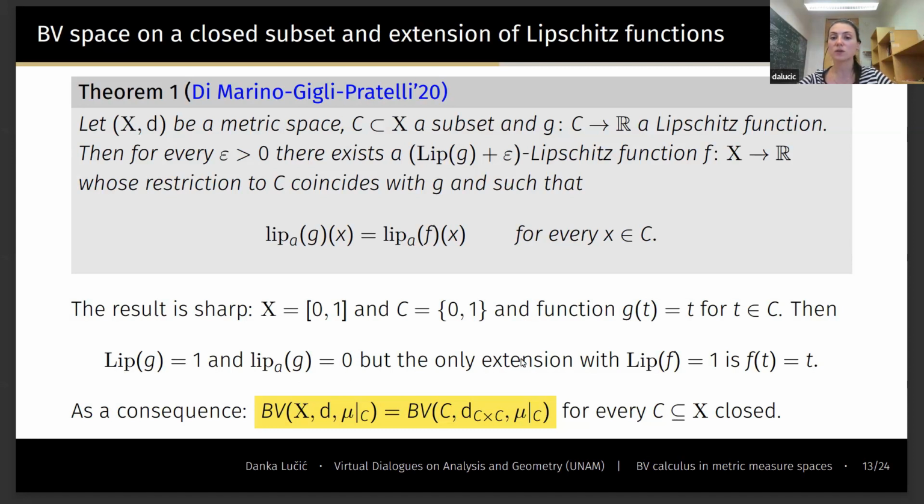But if you would like to extend this function preserving the global Lipschitz constant, the only possible extension is f(t) = t, which has asymptotic Lipschitz constant equal to 1. So we cannot preserve this also.